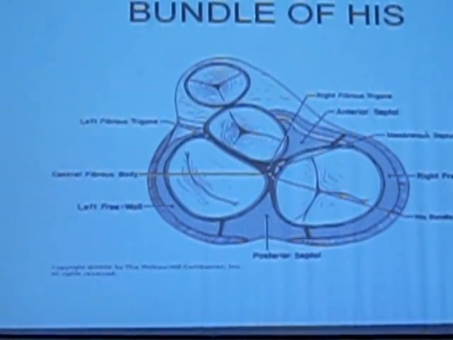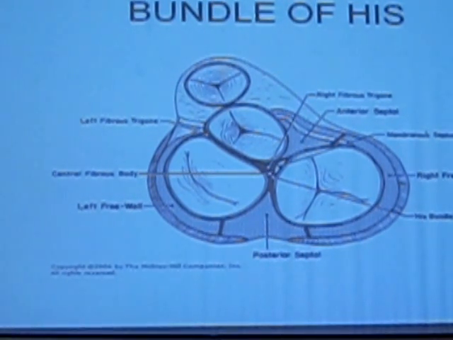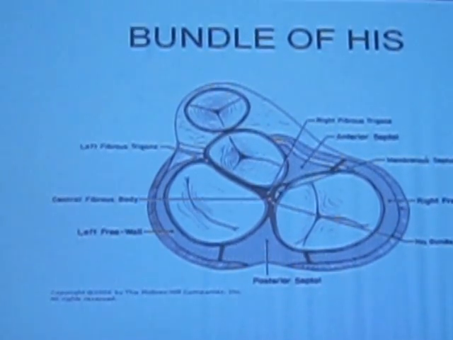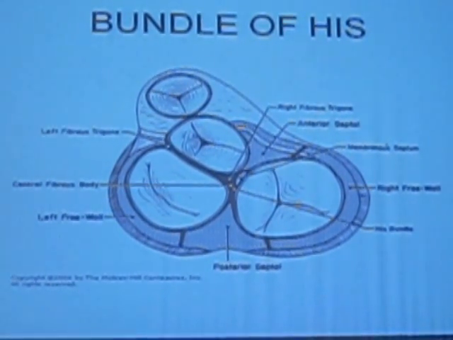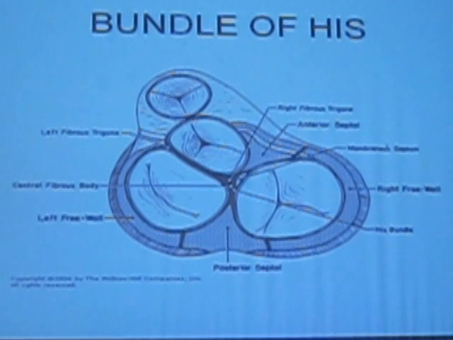Yes. The only site from where all the nervous impulses may travel from atrium to the ventricle is through the specialized myocardium: SA node, AV node, bundle branches, bundle of His, Purkinje fibers, all that. Okay?